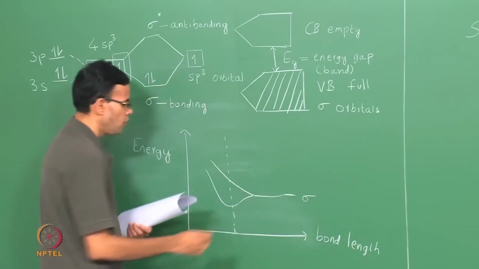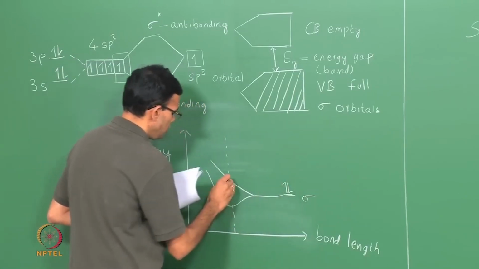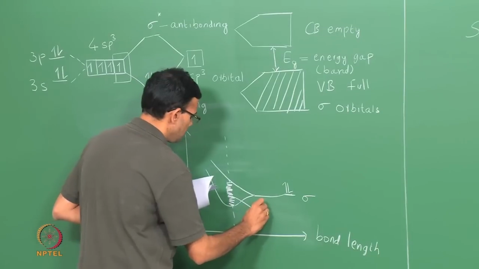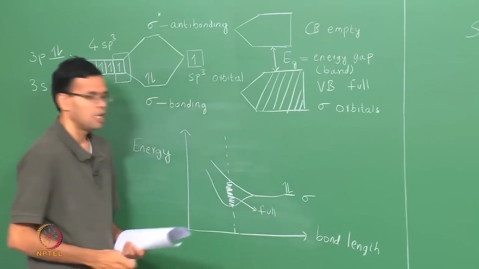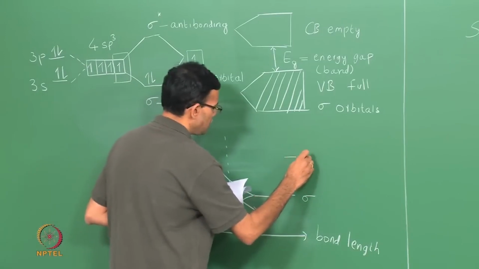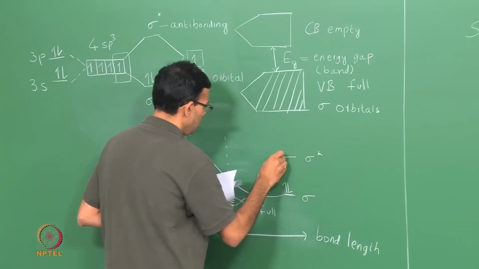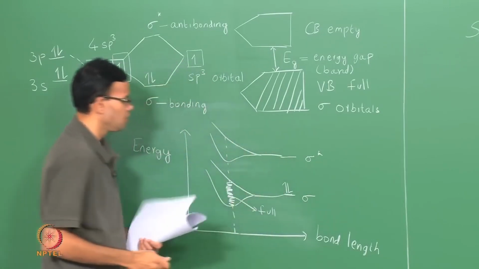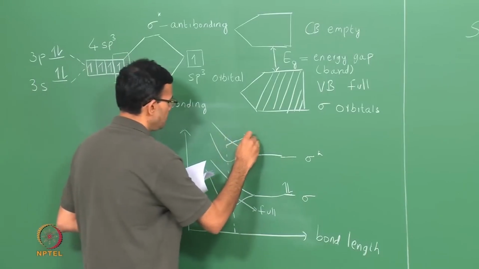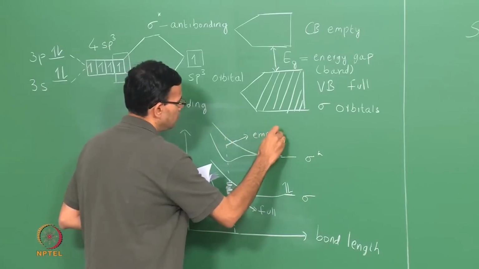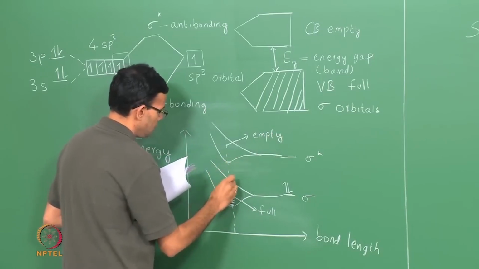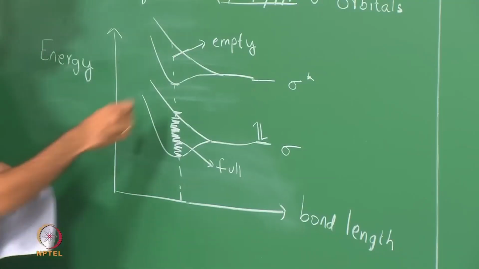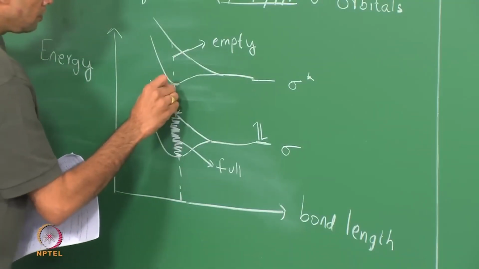Sigma, there are 2 electrons here, which means this band is completely full. Now, you also have a sigma star, which is the anti-bonding. This will also form a band which is completely empty. And the space between these 2 bands is your band gap, Eg.